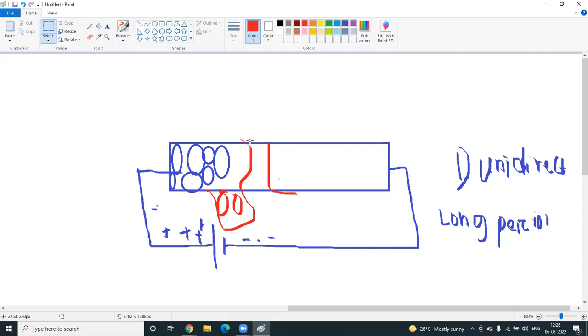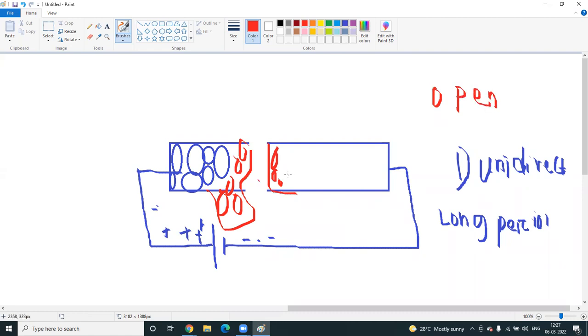These atoms are displaced. Due to the displacement, there is an open circuit, called a void of the atom system. That open circuit is called a void.